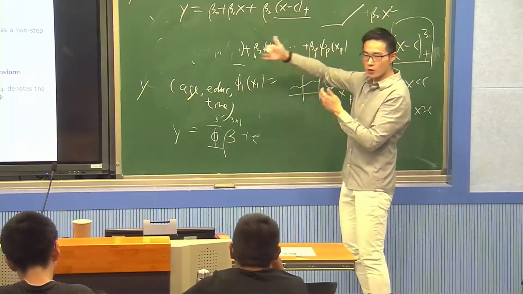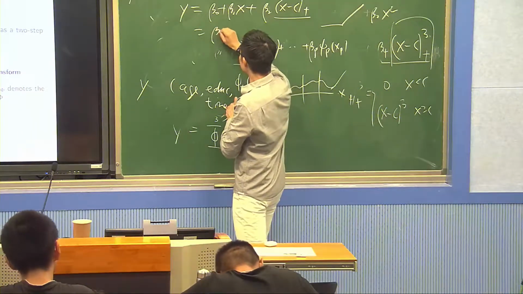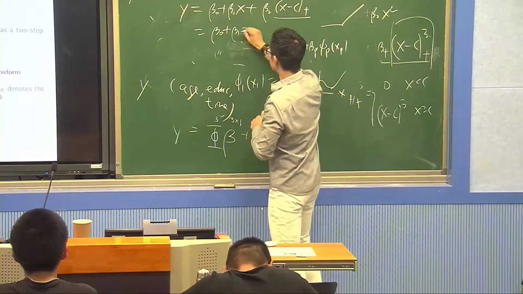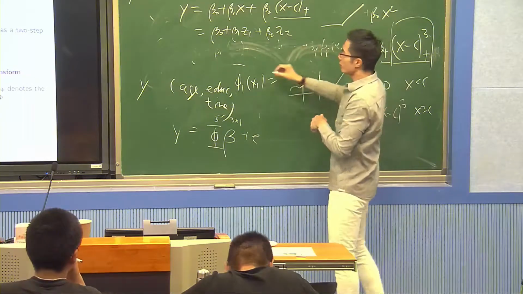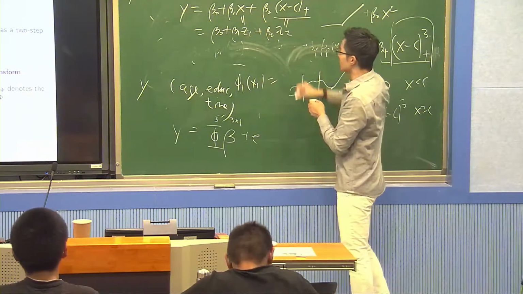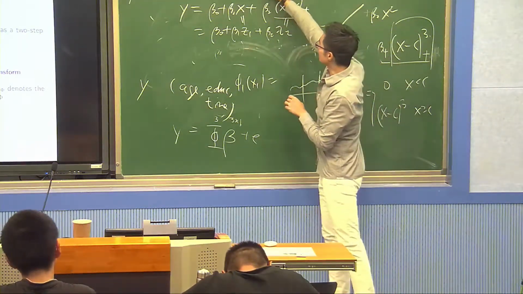But I'm going to transform it into z, right? I'm going to say y is equal to beta 0 plus beta 1 z1 plus beta 2 z2, with the basic idea that z1 is equal to x and z2 is equal to this. It's really simple, right? Z is our basis function.